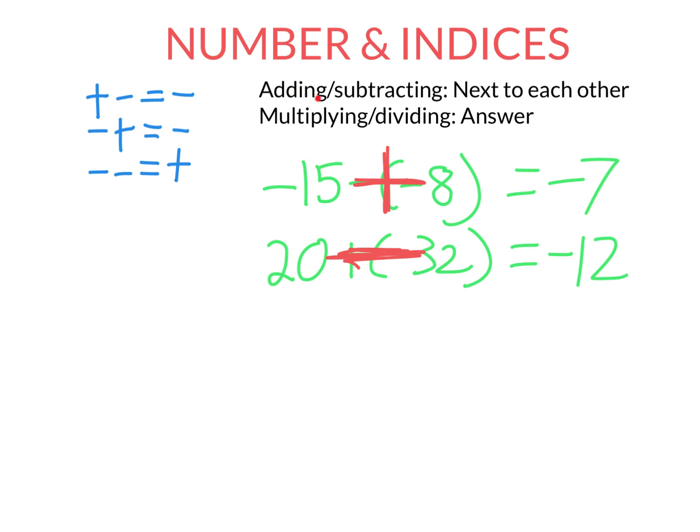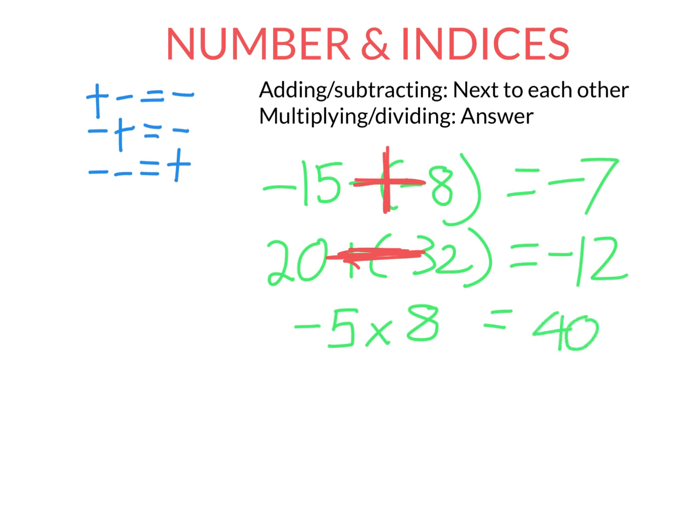So when we're adding or subtracting, these rules are all about symbols next to each other. But what about when we're multiplying or dividing? Let's say we had negative 5 multiplied by positive 8. This time, when we're looking at these rules, they're telling us about the answer. What we do is we go 5 times 8 is 40, so we ignore the signs for now.